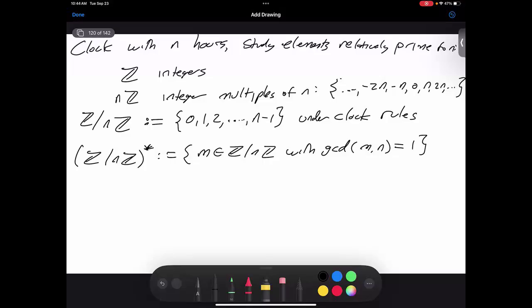So for example, if n equals 12, what are the numbers relatively prime to 12? We've done this several times, including about 2 minutes ago. So what are the four numbers relatively prime to 12?